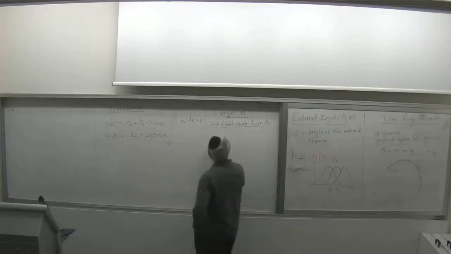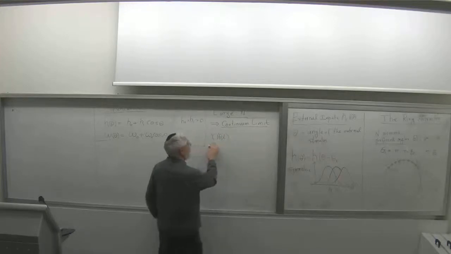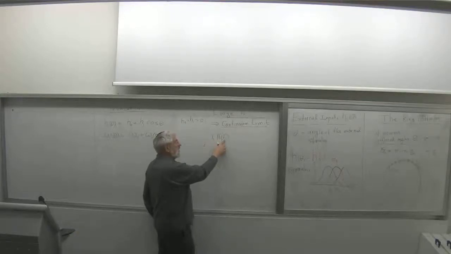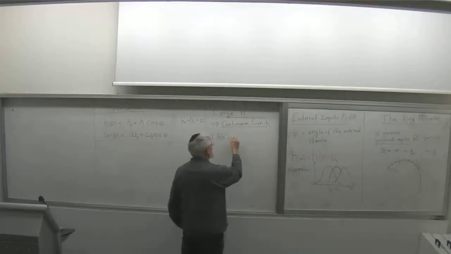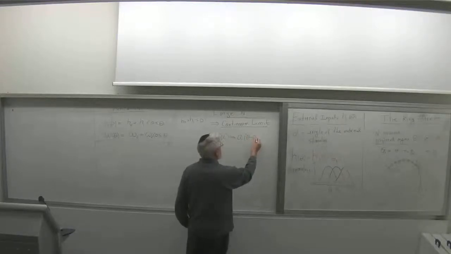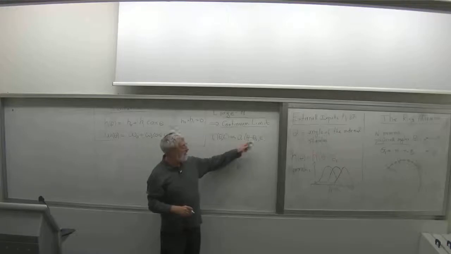So in this case, R_i of theta and t, the activity of neuron i with external input theta and time t, I just write as A of theta minus theta_i and t. So there will be some angular profile A.